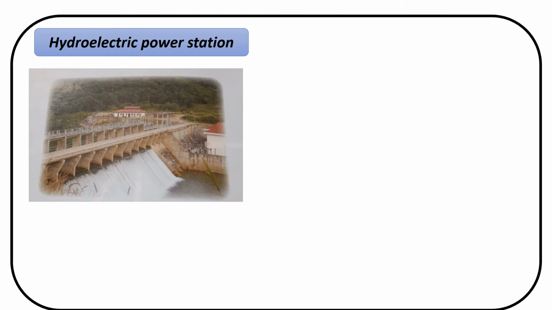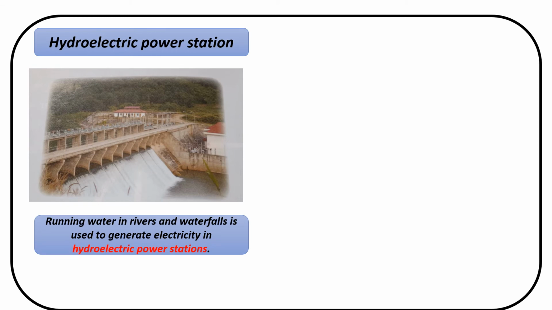This means that the hydroelectric power station uses water from rivers and waterfalls to generate hydroelectricity. Okay? Do you understand? Thank you.